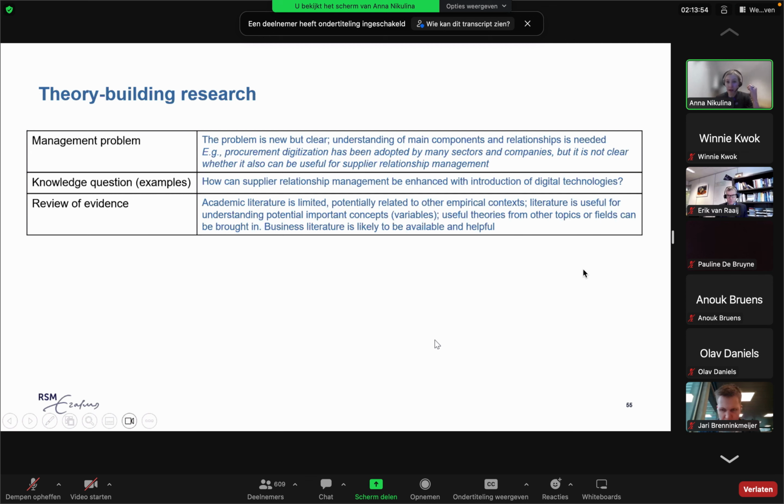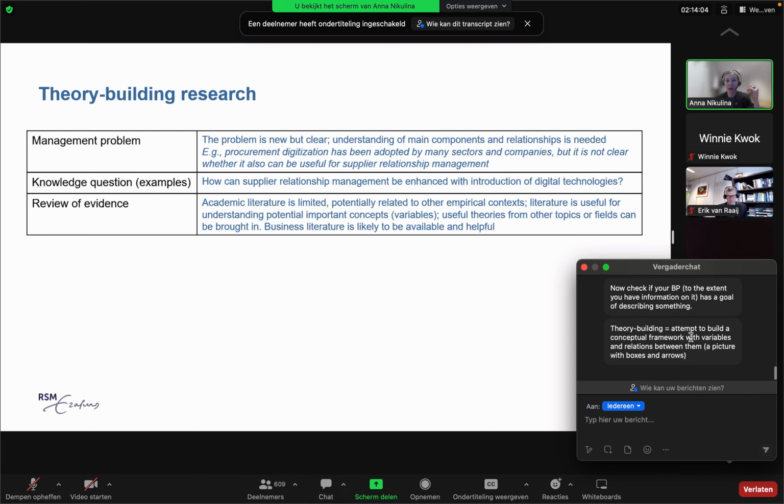You still probably have not too much to read from academic literature, simply because, as I explained, there is typically a time lag in the academic field in catching up with new topics. But you could probably look into some empirical contexts about industries that are pioneers in these digital technologies, and you could find something relevant.